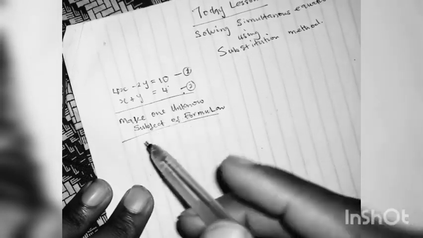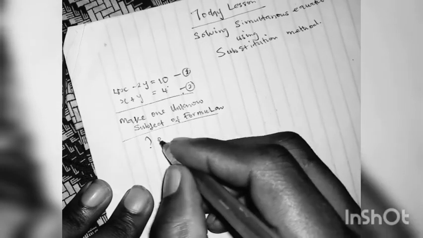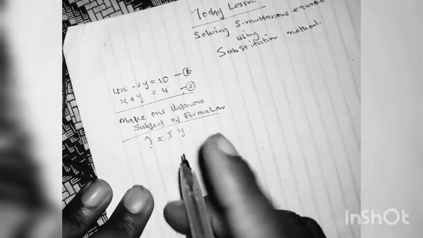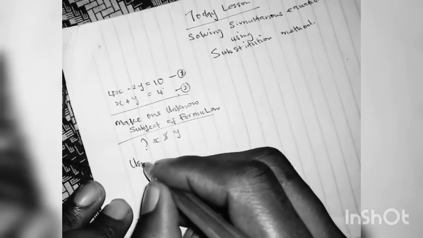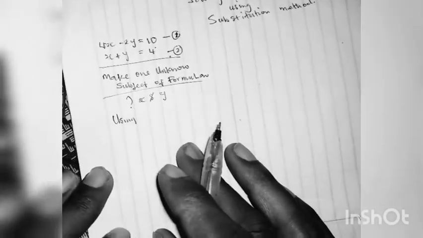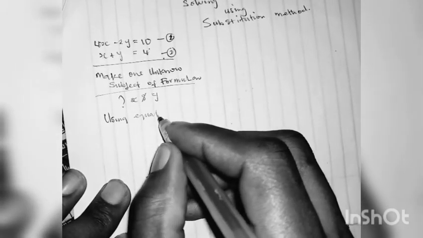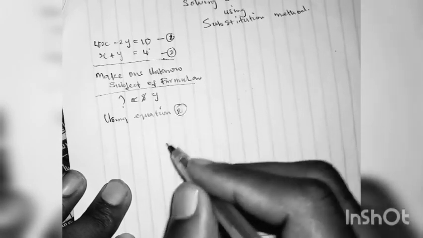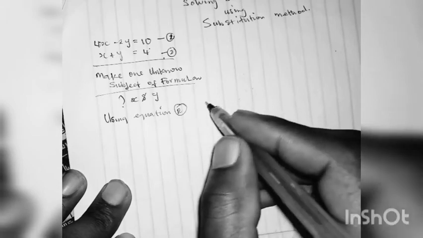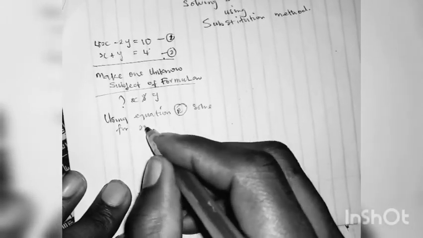So what do we mean by unknown? x and y are unknowns because that is what we are looking for. We are looking for x and y. Now let's use equation 2 and solve for x.